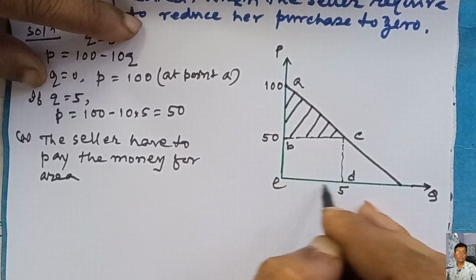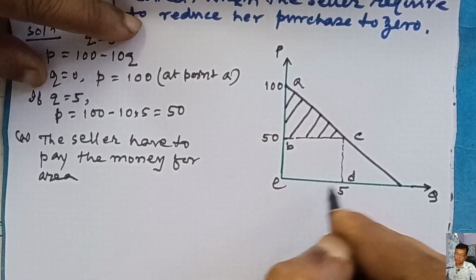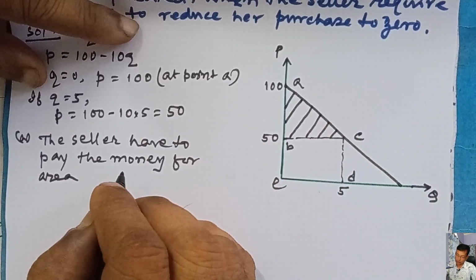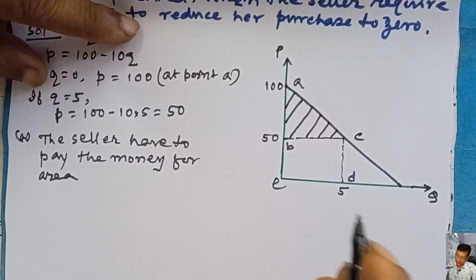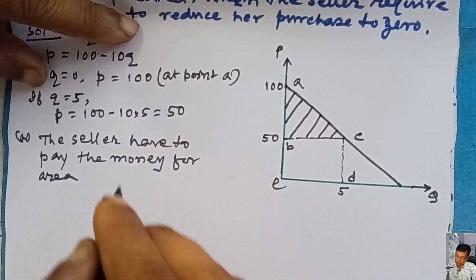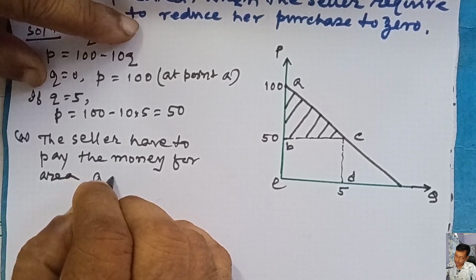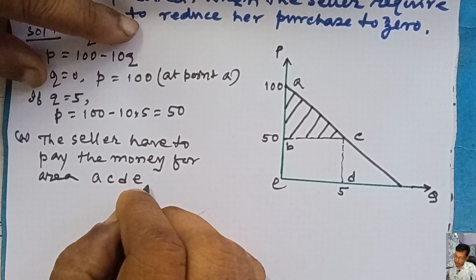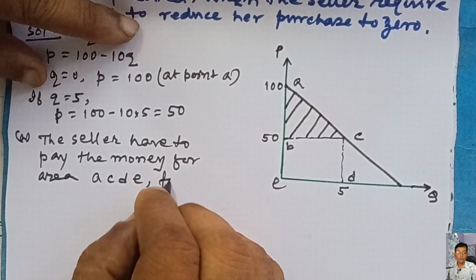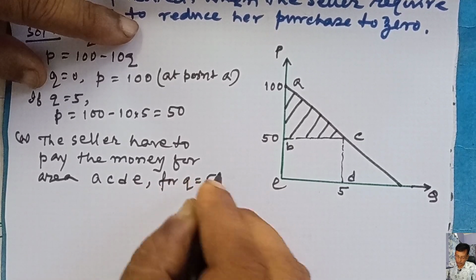This area A, C, D, E for Q is equal to 5.